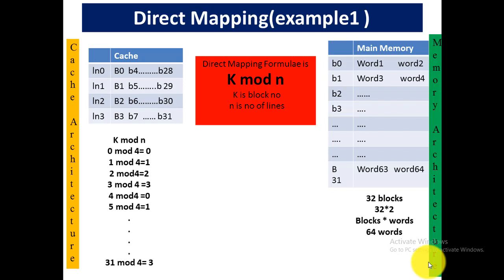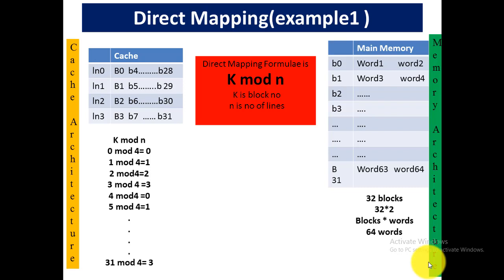In the direct mapping technique, we directly know that in line number 0, there can be possibilities like block 0, block 4, block 8, block 12, and onwards till block 28. But only these blocks can come in line number 0.